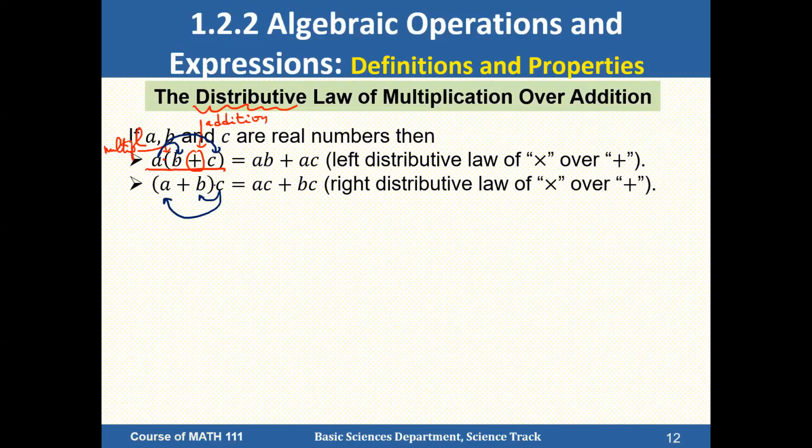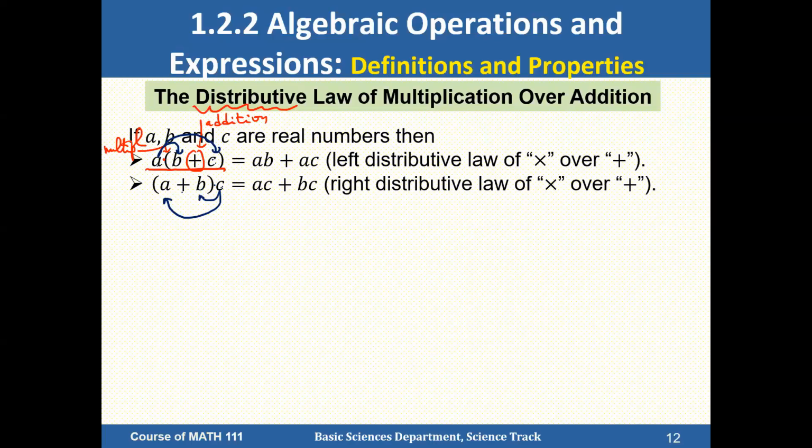الأولى تعطيني A في B plus A في C. الثانية تعطيني AC plus BC. So we multiply all the terms inside the parentheses by C here. It's a right distribution.